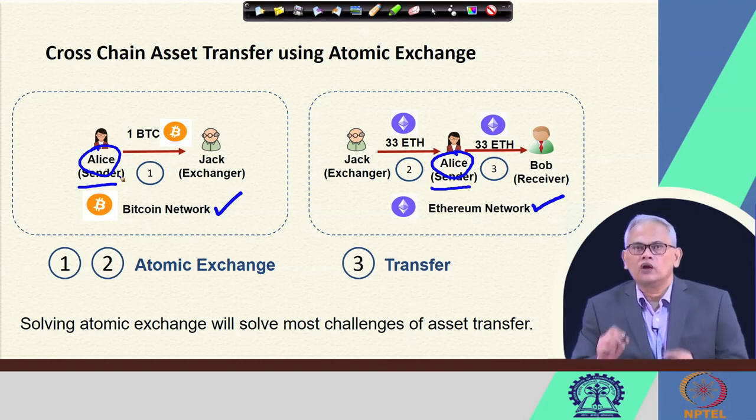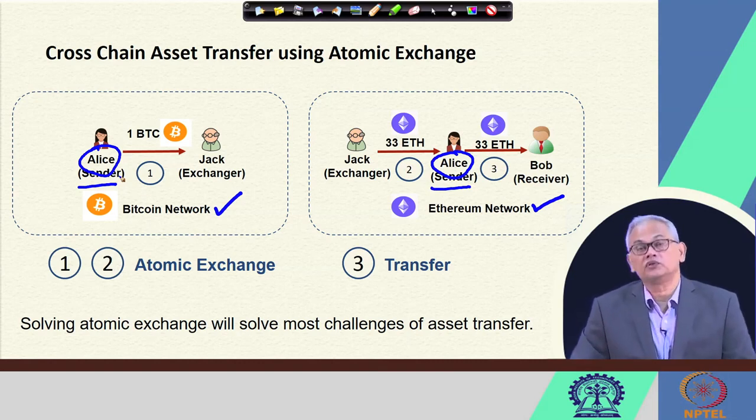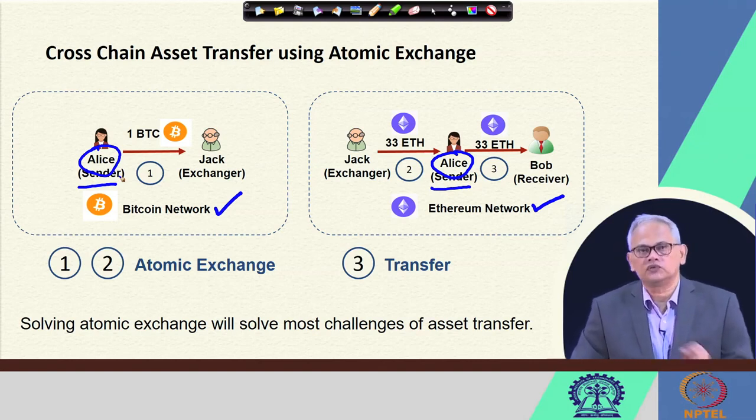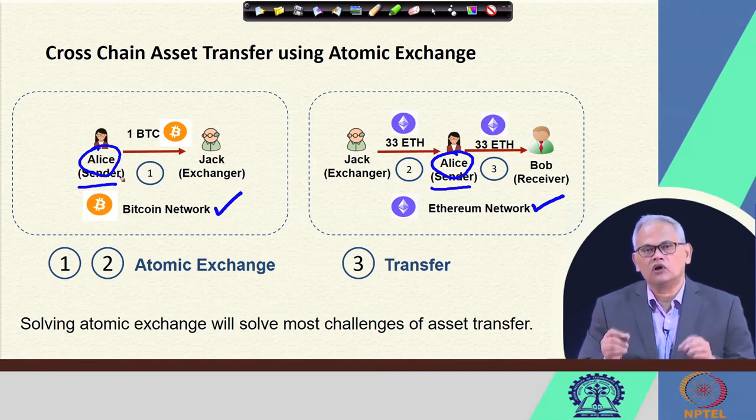And finally, of course, Alice will be transferring those 33 ethers to Bob, which is the final intended recipient of this transfer of asset. So, we see that this is indeed an example of cross chain asset transfer.